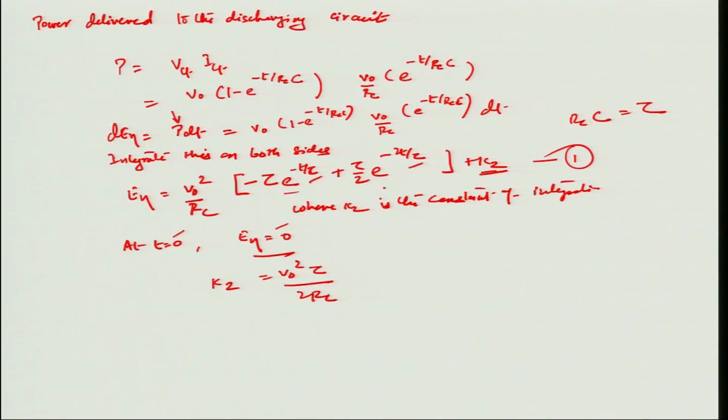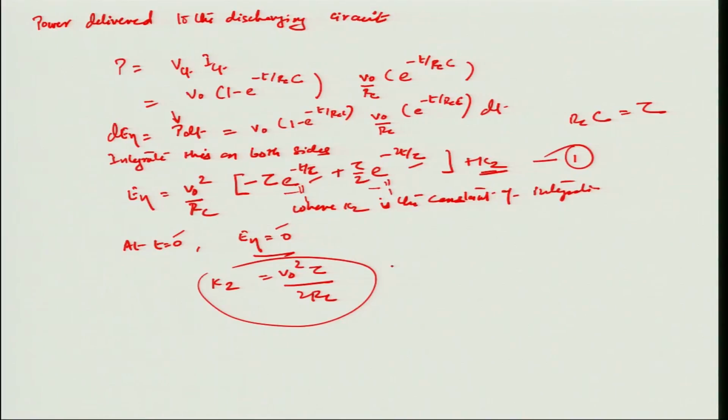As you know, this term will go off, so will this, and we are only left with minus tau plus tau by 2. This is 1, this is 1, at t equal to 0. So you are left with only V0 square tau by twice RC as the K2.